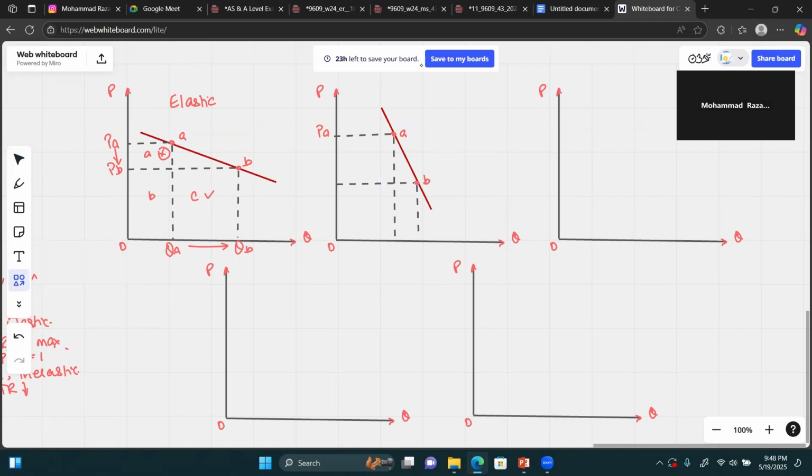You can see that from PA to PB, the price is reducing and the quantity is increasing from QA to QB. What does this show? It shows an inelastic demand curve.